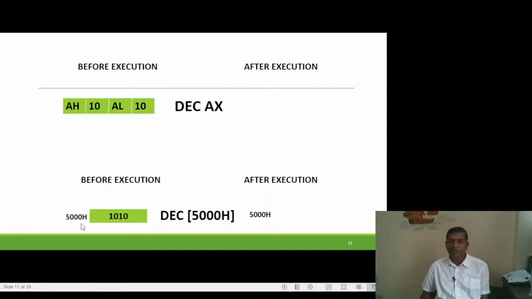At the 5000 location, the content 1010 will be decremented so that we get the value 100F. The same here: 1010 at the memory location 5000 will be decremented by 1. One is subtracted, and 100F is the content.